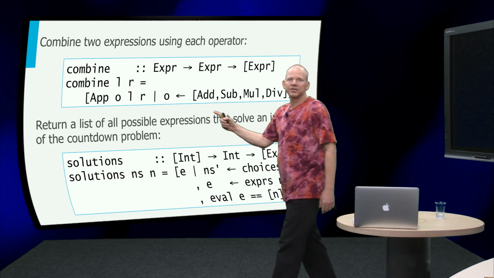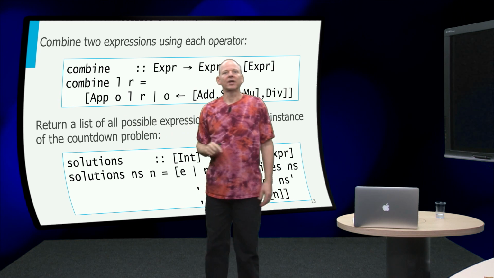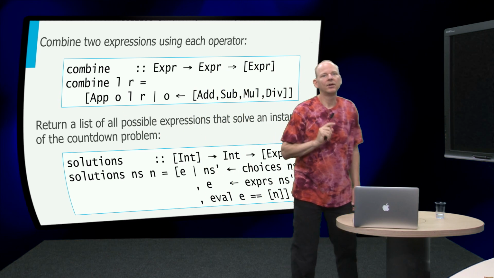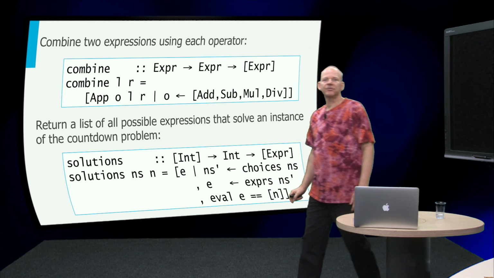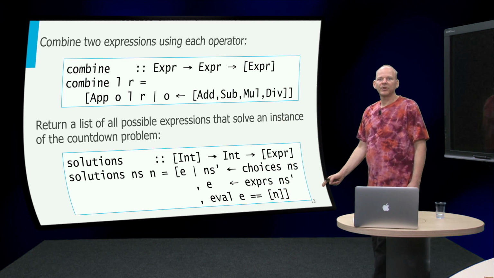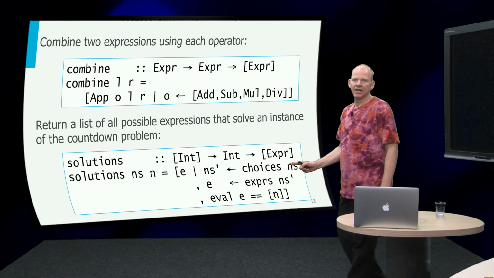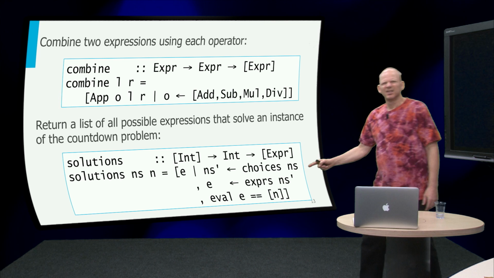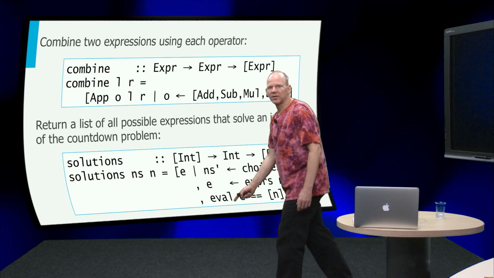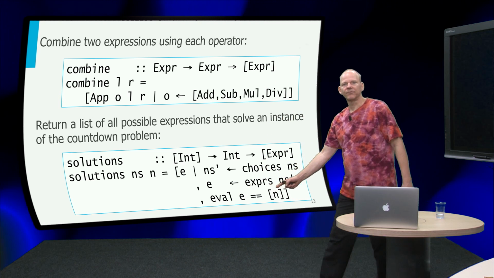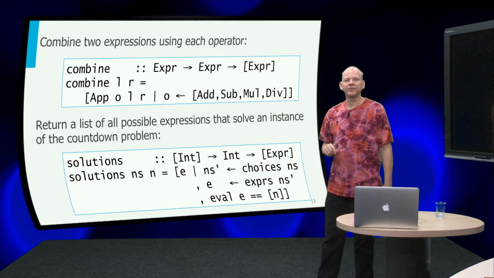The combine function here just tries to combine these two expressions using any of the operators. Then we can write a list comprehension that says, give me all the choices for the input list, brute force create all the expressions, and make sure that the value is the required value.